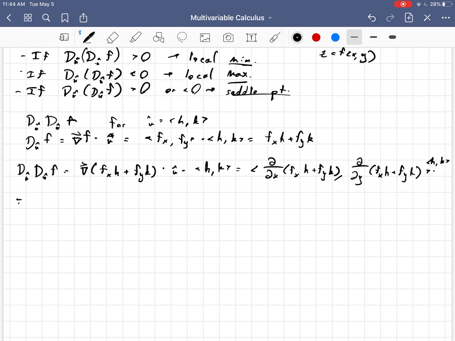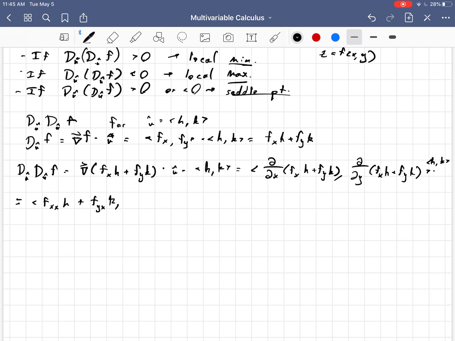So then applying the definition of the dot product, first I'll take the partial derivatives, and I'll use a little nicer notation. So we get f sub x x h, the second partial derivative with respect to x, plus f sub x y, or f sub y x, it doesn't really matter because we're assuming continuity. But let me write it as f sub y x.